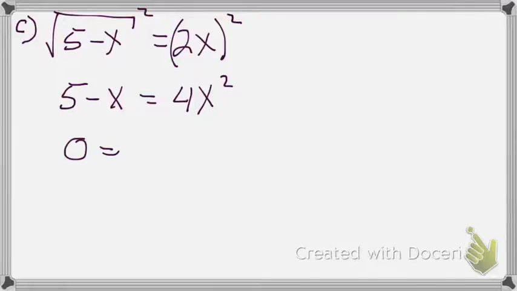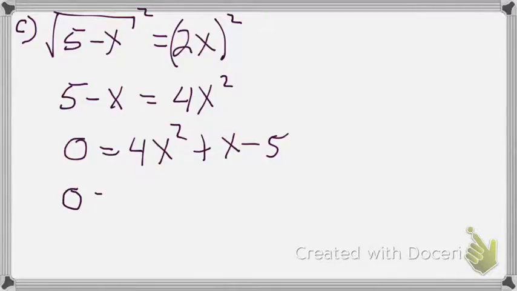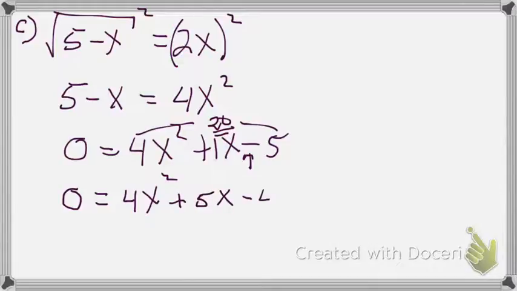So 0 is equal to 4x squared plus x minus 5. So 0 equals 4x squared. Now 5 times 4 is 20. So I need two numbers that multiply to 20 and they have a difference of 1. So that becomes plus 5x minus 4x and a minus 5.